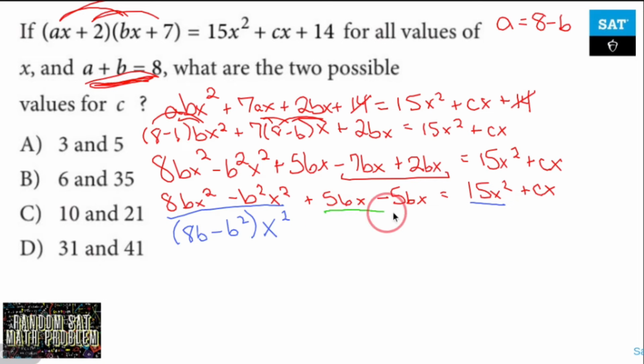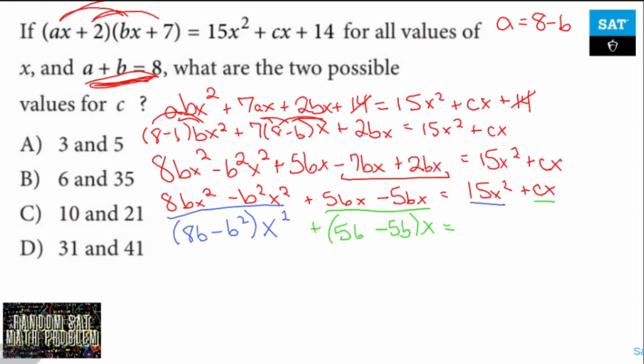I'm going to do the same thing here and compare it to the x over here. If I factor out an x and put it out front, that's (56 minus 5b). Make sure your 56 and negative 5b don't look exactly the same.